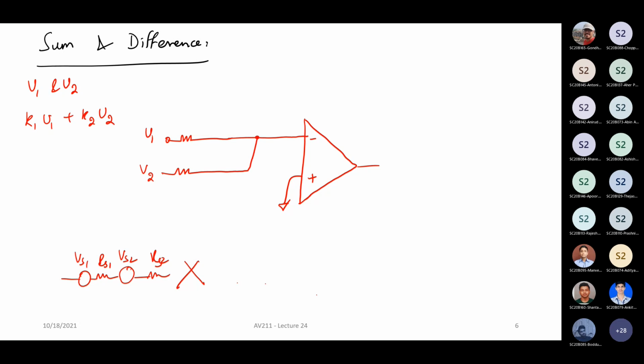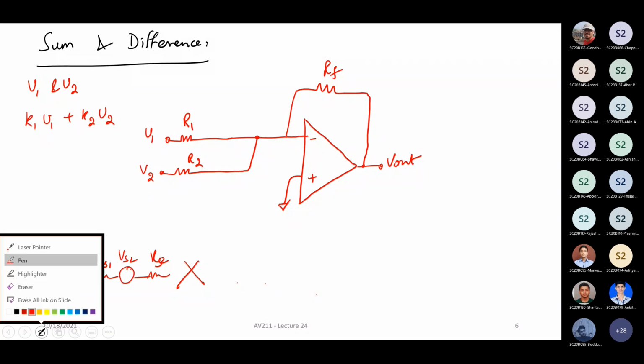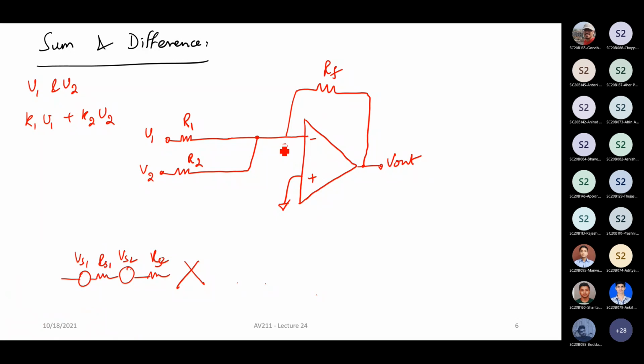Now, why is it summing? Because we know that this is actually virtual ground, right? And let us say we put some feedback resistor here. Let's call this R1. Let's call this R2. Now let us try to understand how the circuit will behave. How can you analyze the circuit? You tell me. First and foremost, there is negative feedback here, and therefore the voltage here is how much?